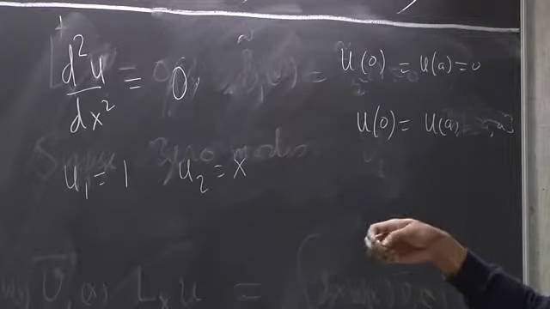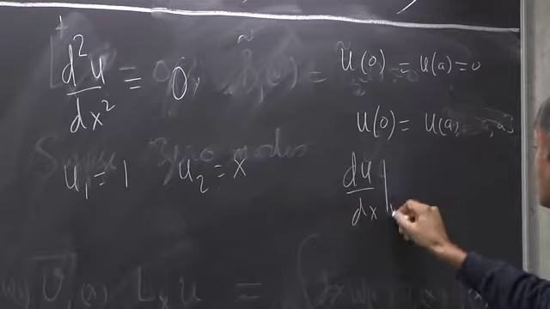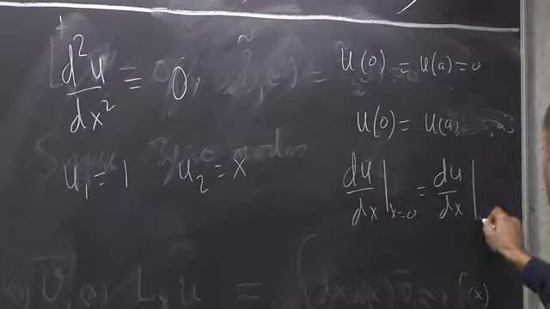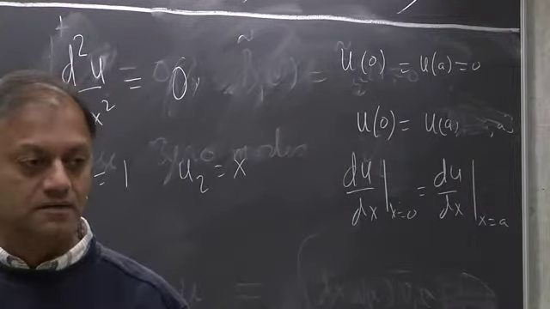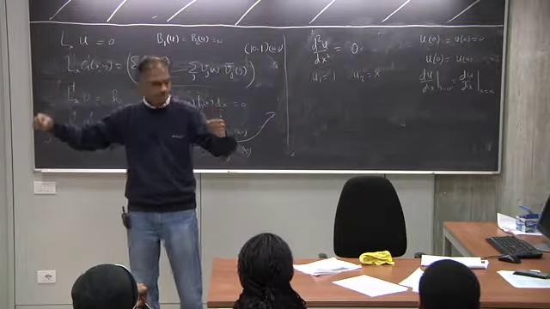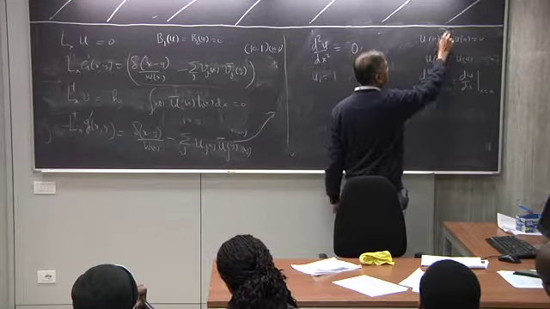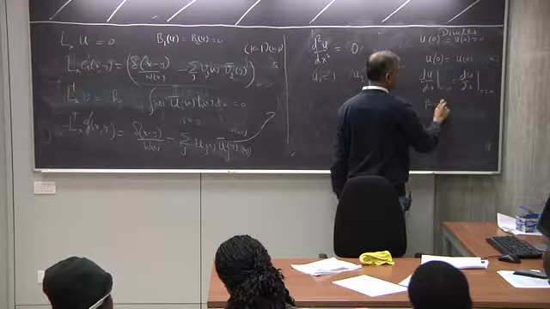So for the second boundary condition, I take du by dx at x equal to 0 equal to du by dx at x equal to a. So both the function and its derivative are periodic in the interval. This is what is called the periodic boundary conditions. This was Dirichlet, and this is periodic.